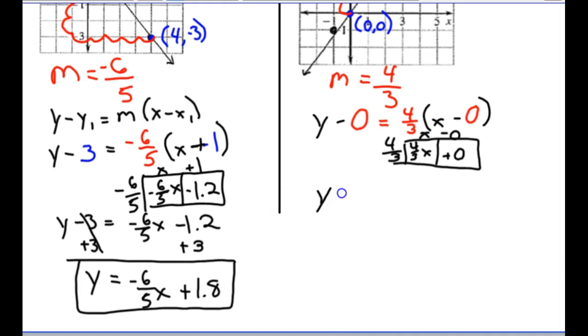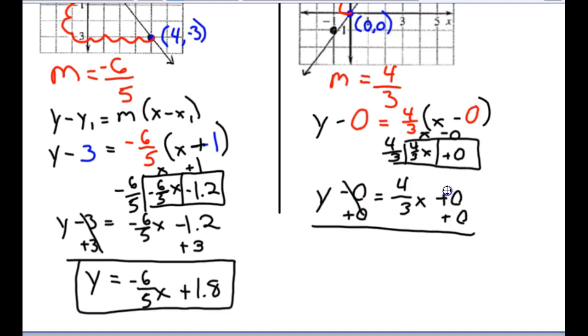Now we have y minus 0 equals 4/3 x plus 0. And we can add 0 to the other side, which doesn't really matter because anything plus 0 is the same thing. So y equals 4/3 x. That is our equation for that line.